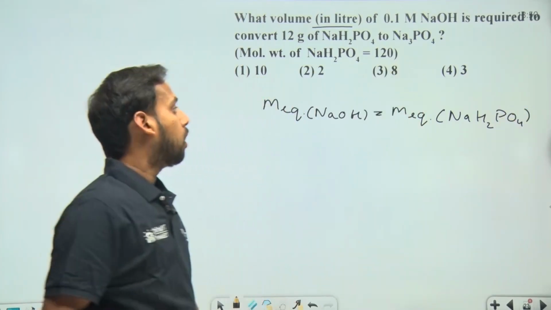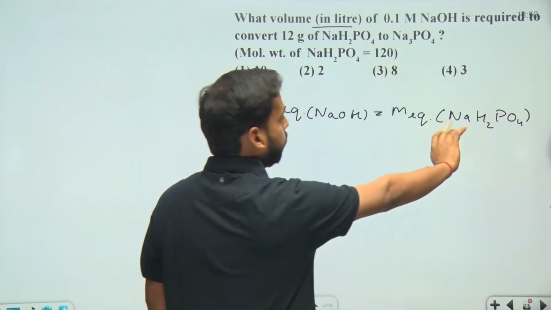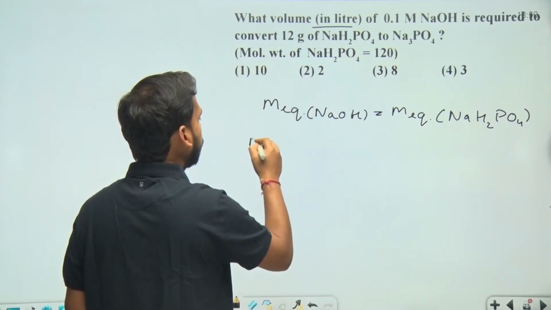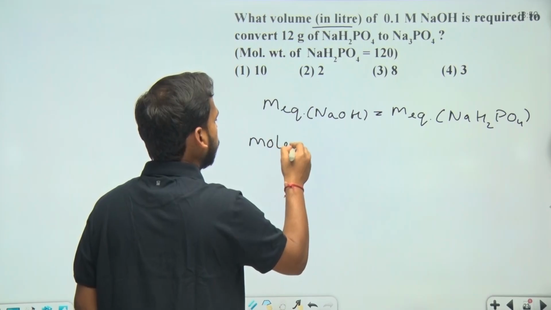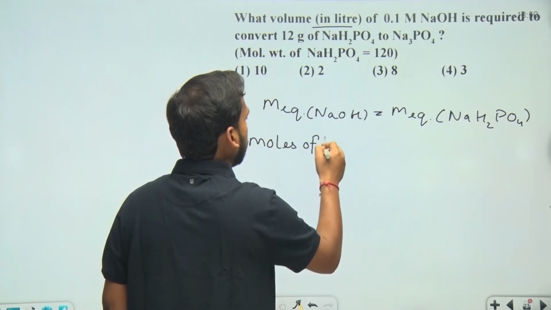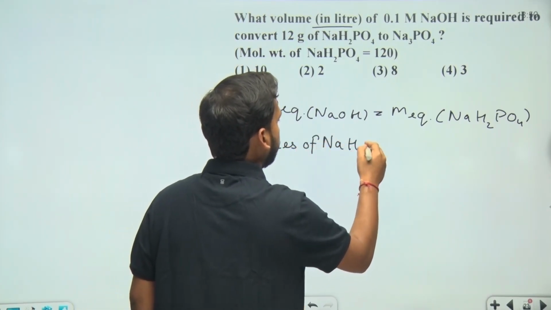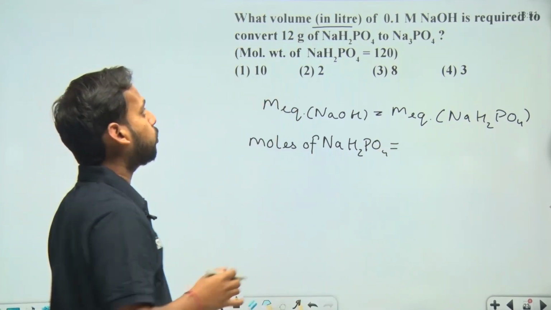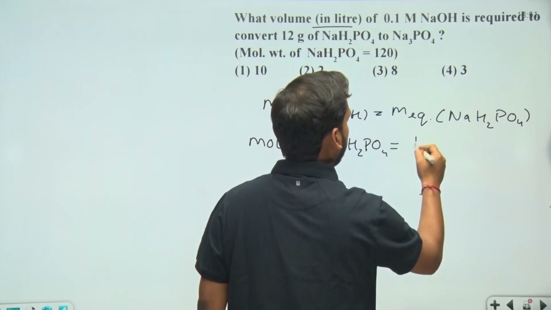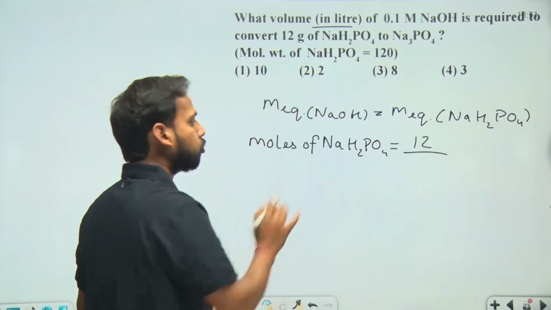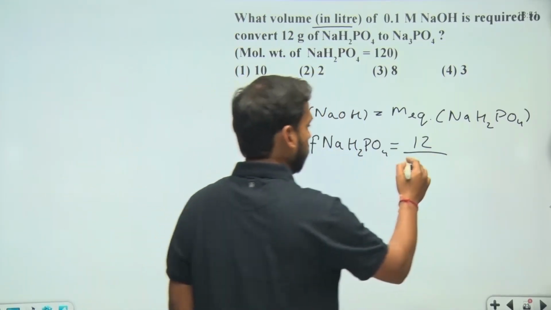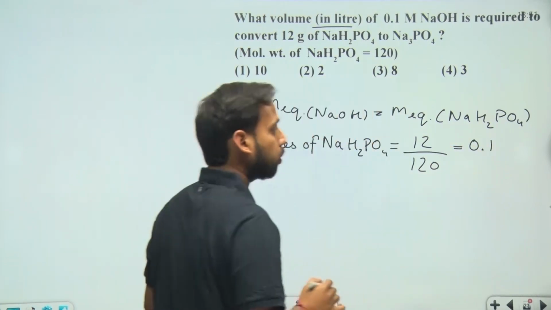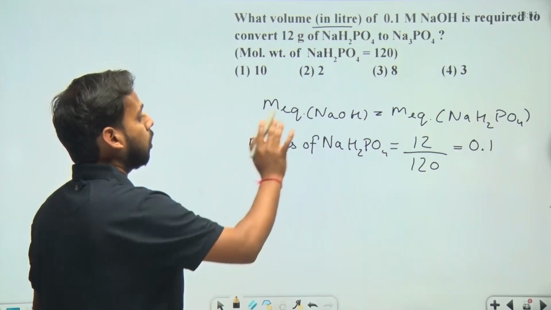NaH2PO4. So for the milliequivalent of NaH2PO4, first of all we will calculate the moles of NaH2PO4. If we calculate, the mass is given as 12 and the molecular mass of NaH2PO4 is 120. So it comes out to be 0.1.